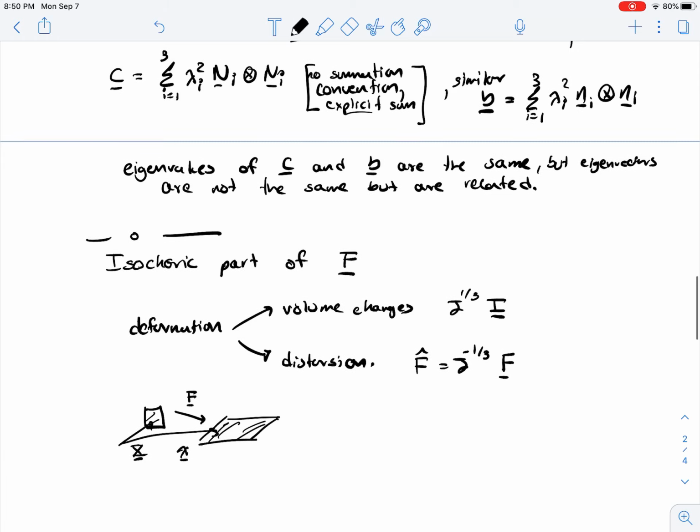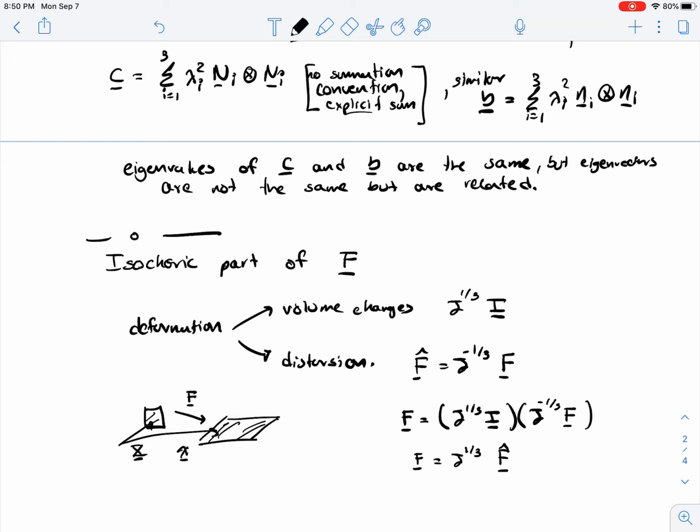That's going to be J to the minus 1/3 of F. If we scale F by J to the minus 1/3, and you can think of this as, all I'm saying is F equals J to the 1/3 I times J to the minus 1/3 F, which is trivial, right?